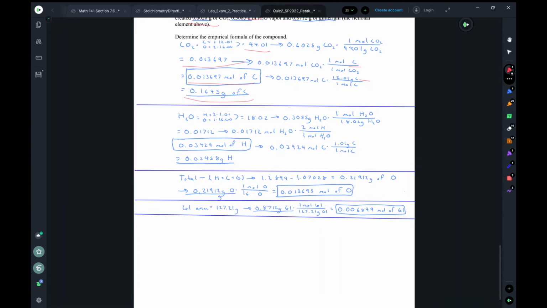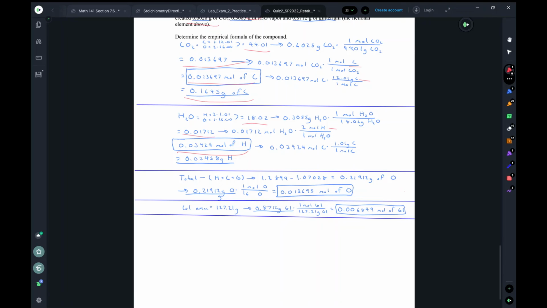Next, I did the exact same process but for H2O, as I found the molar mass of H2O being 18.02, and I converted the amount of grams created from the combustion into moles, thus giving me 0.1712 moles created of H2O, and I times that by the amount of hydrogen that's within H2O, which is 2, giving me a total of 0.03424 moles of hydrogen that came from the combustion.